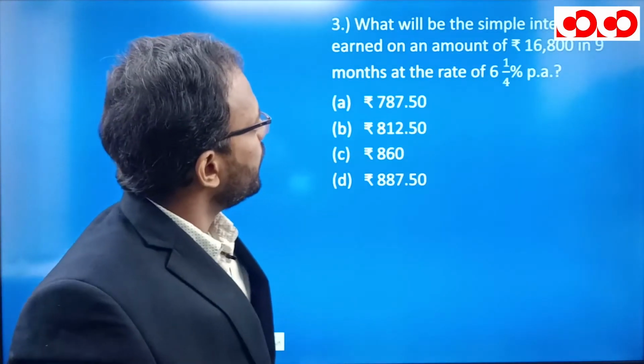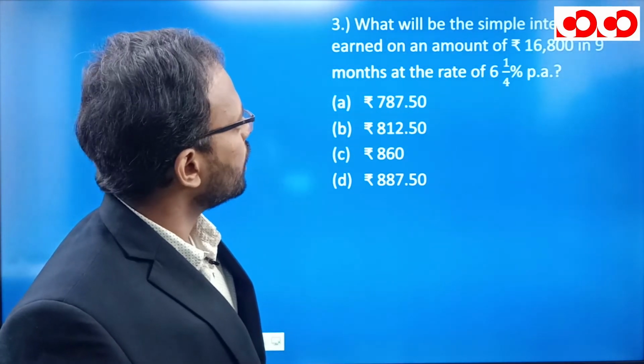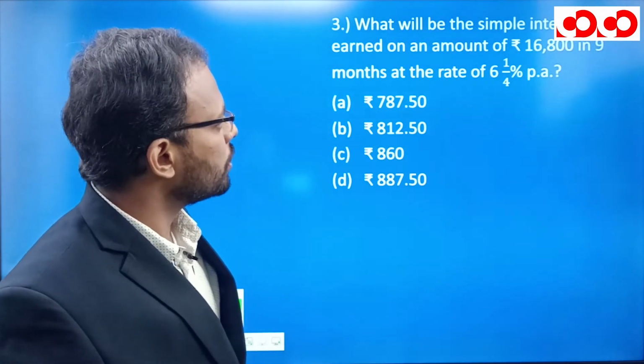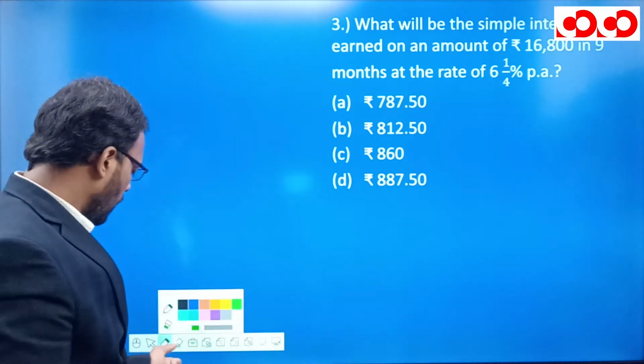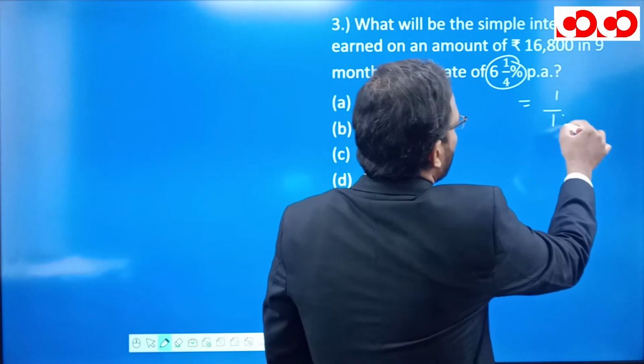What will be the simple interest earned on an amount of 16,800 in 9 months at the rate of 6 1 by 4%? Now we know that this 6 1 by 4% means 1 by 16.